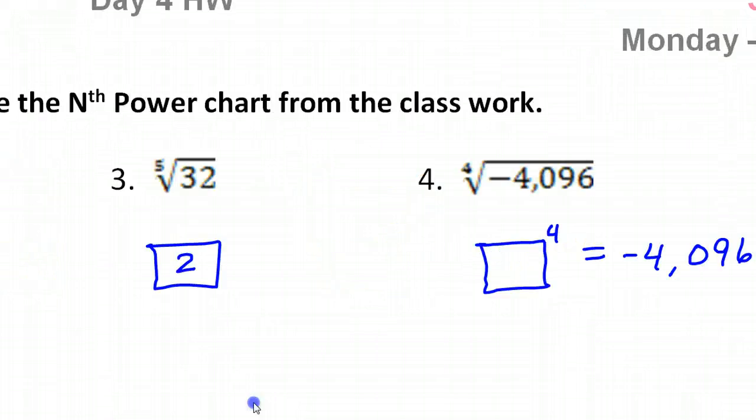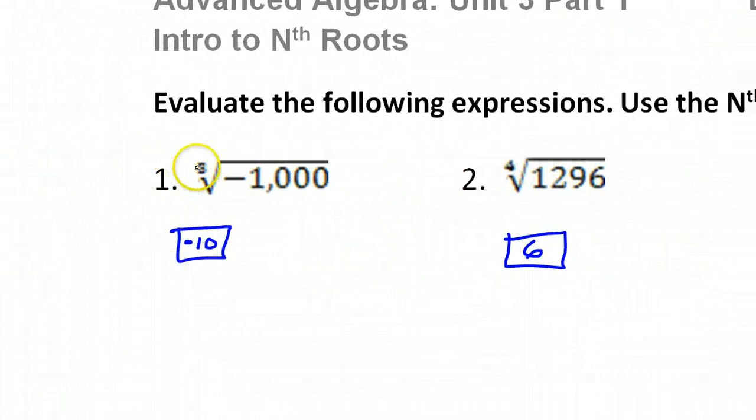It's fine when it's an odd root, like the third root of negative 1,000 was negative 10. That's because negative 10 to the third power is negative 1,000. Because it's an odd power, the negative gets to stay.